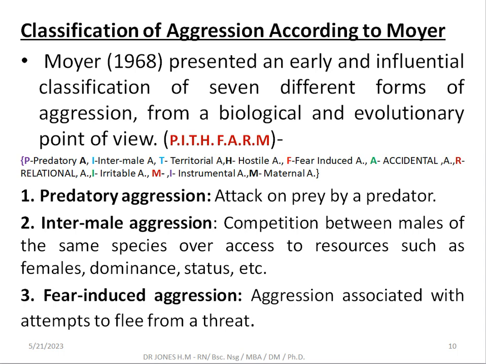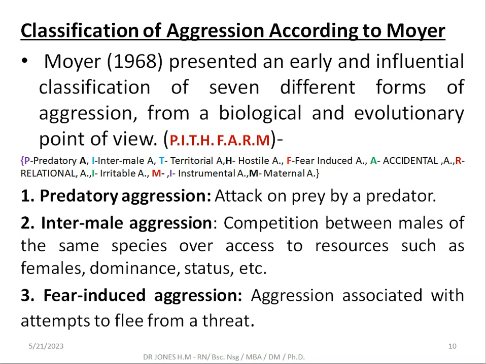You can remember the types of aggression using PIF-PAM as a mnemonic, which also includes what was proposed by Moyer. P is for predatory, I is for intermale, I is for instrumental aggression, I is for irritable aggression.